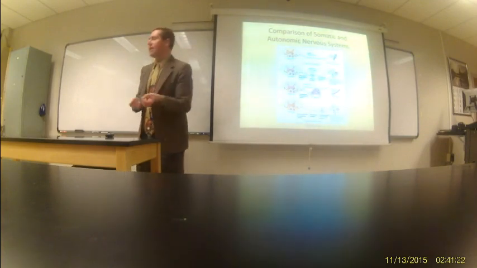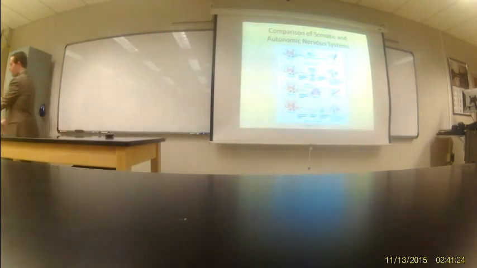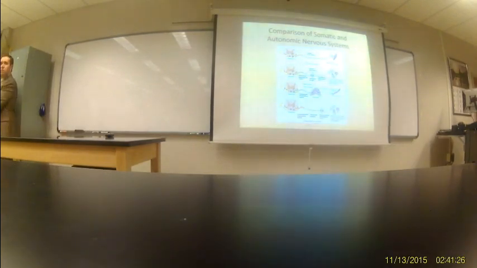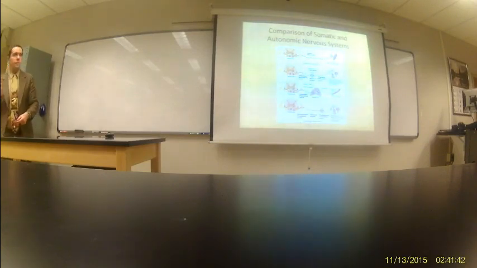Because if the ganglion is next to the spinal cord, the first one's going to be short. It doesn't have to go very far. The second one has to be long. If the ganglion is next to the effector, it's next to the organ, it's up here, then the first one has to be really long to get there. And the second one is then short.